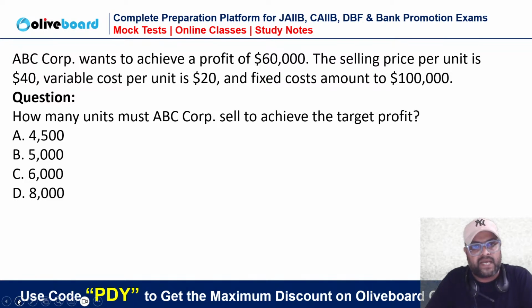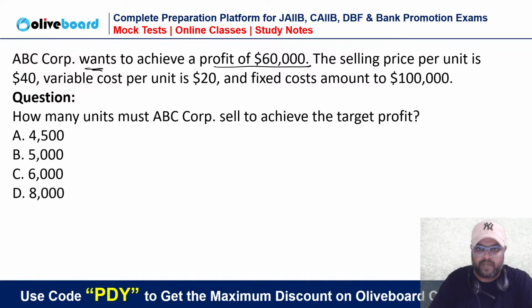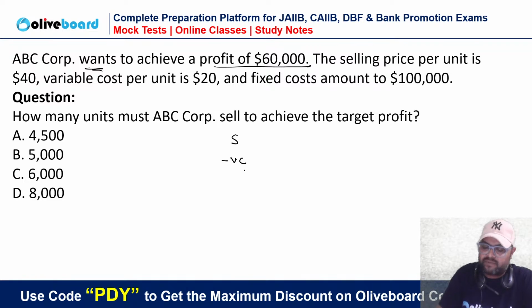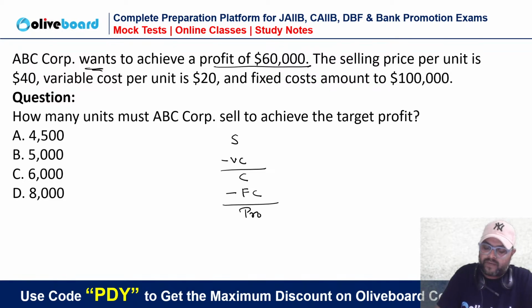There is a company, ABC Corporation, they want to achieve a profit of $60,000. So the profit target is already fixed. You getting my point? In the income statement, you know that sales minus variable cost will bring the contribution, then we reduce the fixed cost out of it and we get the profit.